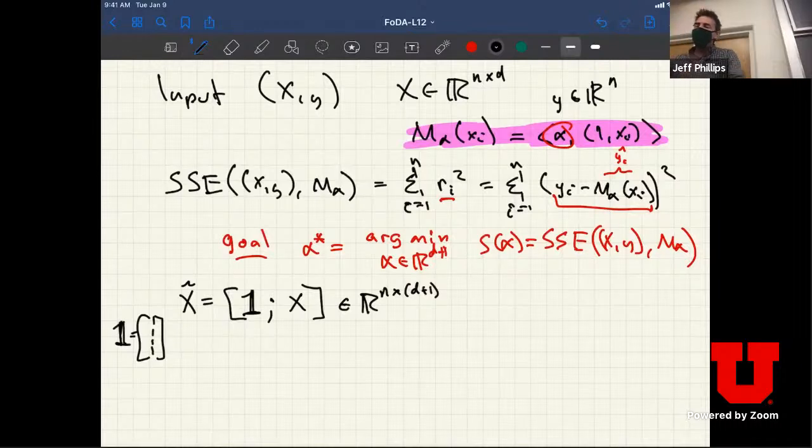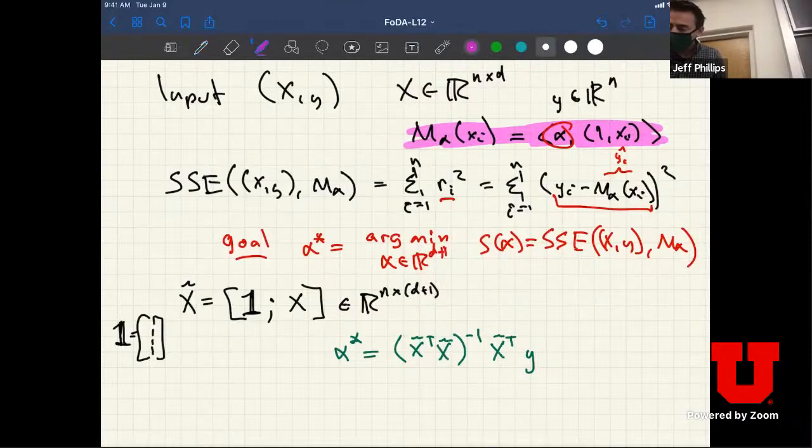Okay, so we're almost at the solution. It seems like we haven't done anything yet, but I can just write down the solution now with linear algebra. Alpha star is going to be X tilde transpose X tilde, this quantity inverse, times X tilde transpose Y. All right, we've done it.